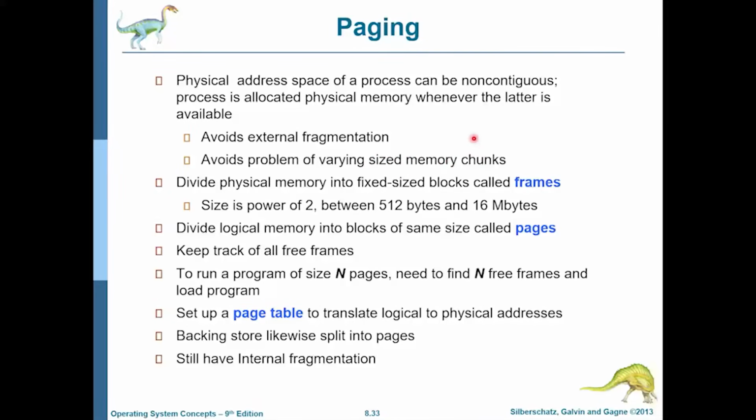But what if we could divide physical memory into fixed sized blocks called frames and also divide the logical memory range into blocks of the same size called pages, and then have a page table in the memory management unit that will map a page in the logical space to frames in the physical space?